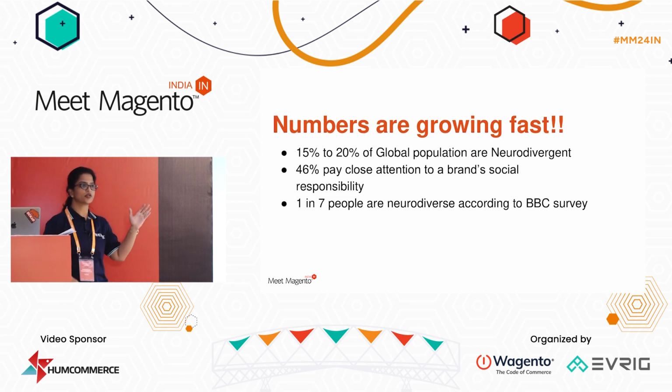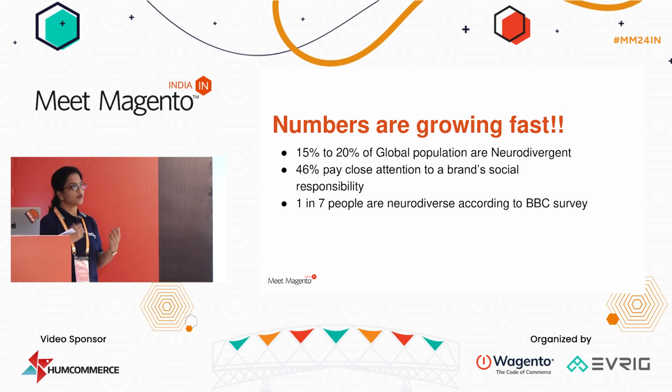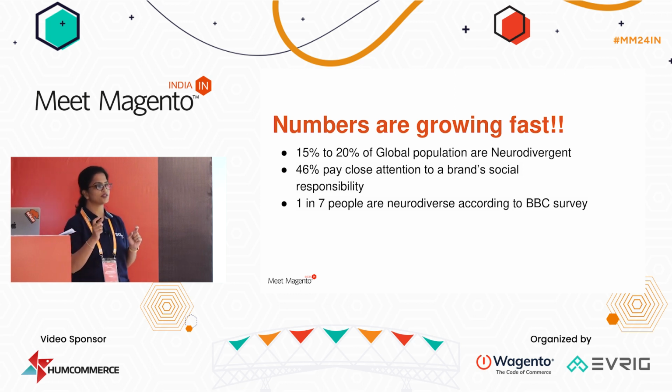This neurodivergent community is around 15 to 20% of our global population, and also there are people who are socially responsible, who look at why brands have to work on neurodiversity. 1 in 7 people in the global population have some kind of neurodivergent condition. There may be small disorders like attention disorders, where people get easily distracted. Even now we have a lot of distraction, like mobile distraction. People will have small distractions like that.